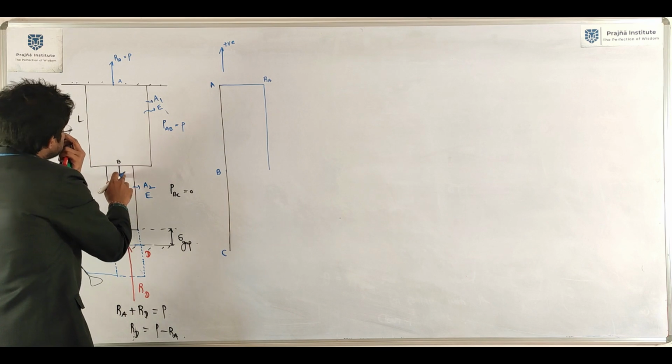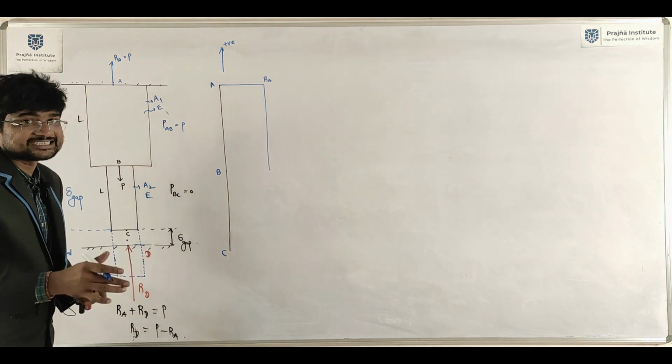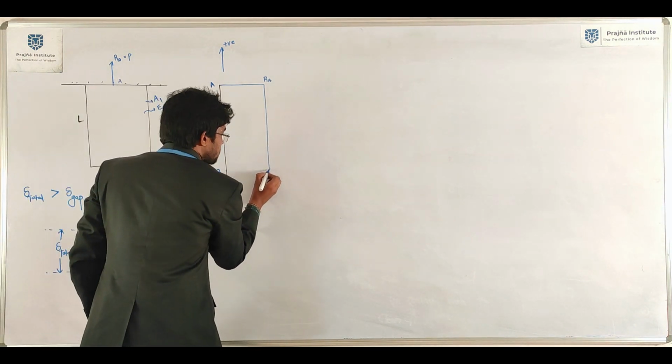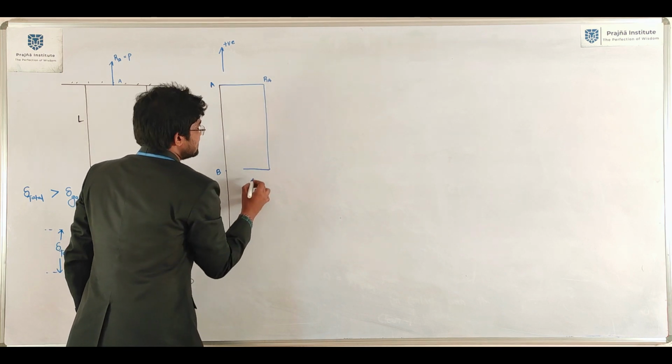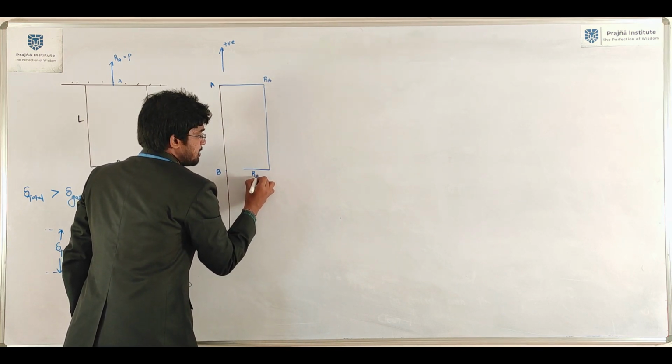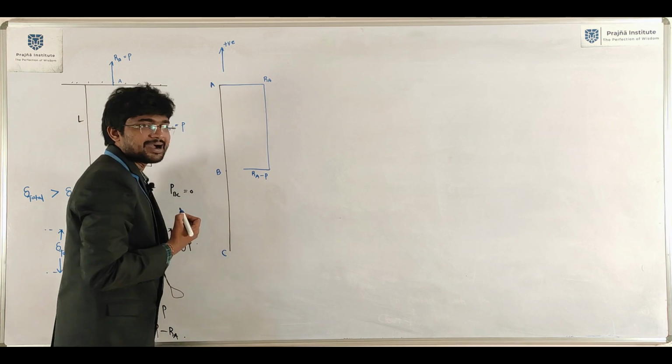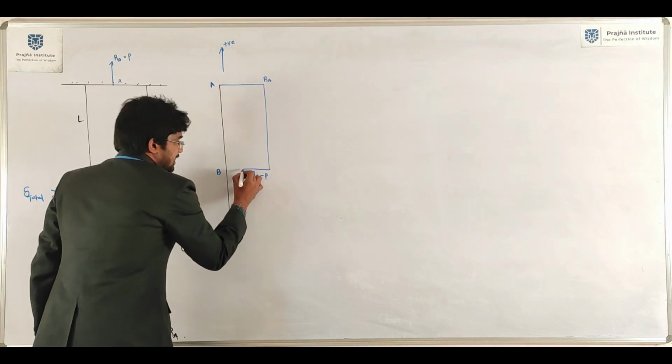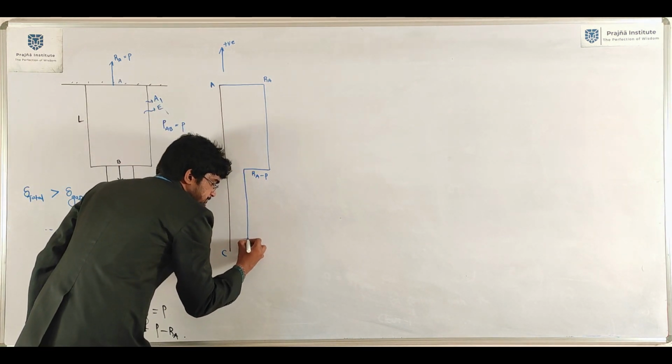Now I am here, I have seen the load, both are acting in opposite direction, means negative, then come up to here. This is RA minus P, of course, minus P. Now come up to here.